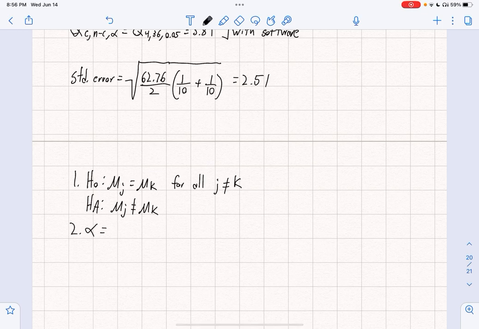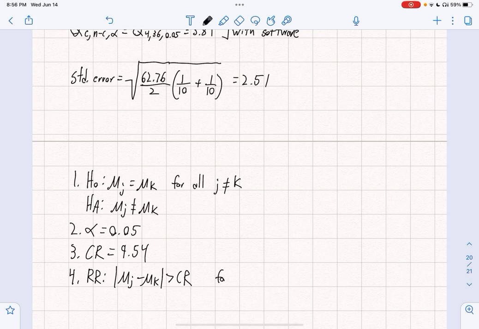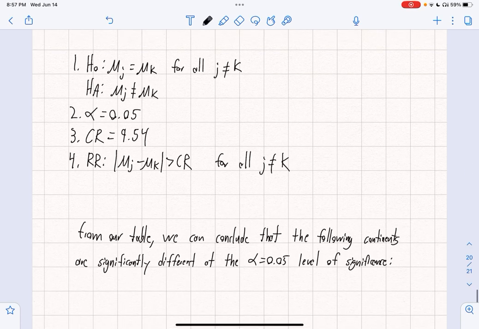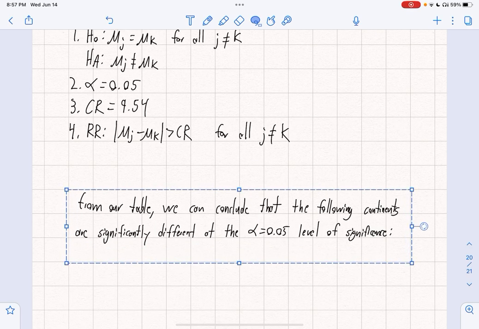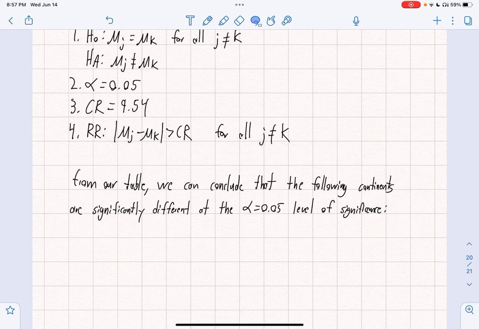We set alpha equal to the same thing, 0.05. The critical range value we calculated to be 9.54. Our rejection region is the absolute difference between mu_j and mu_k bigger than the critical range for some j not equal to k. We already did all of this work, so no need to write it all again. From our table, we can conclude that the following continents are significantly different at the alpha equals 0.05 level of significance, and we saw there were two.